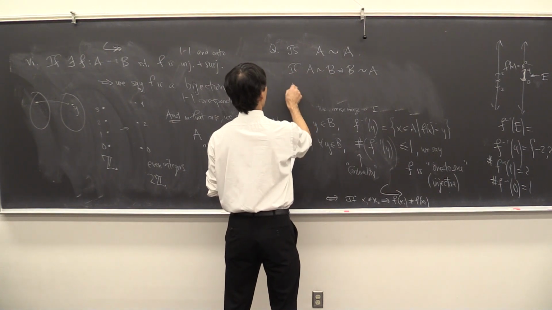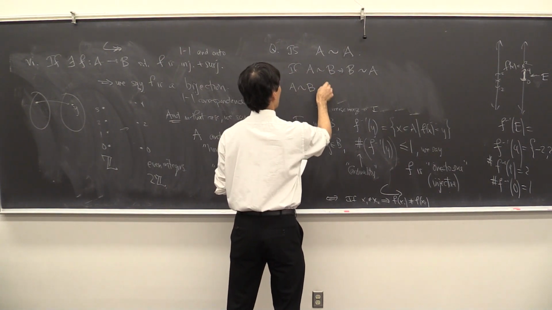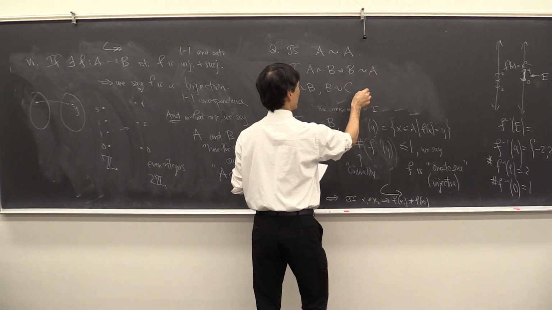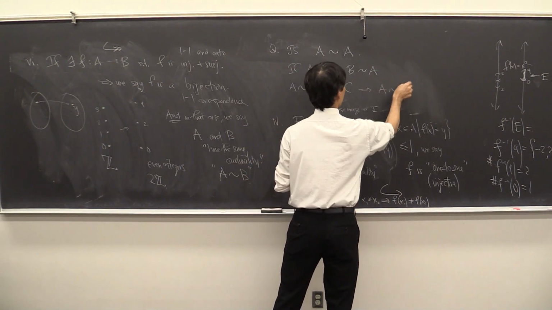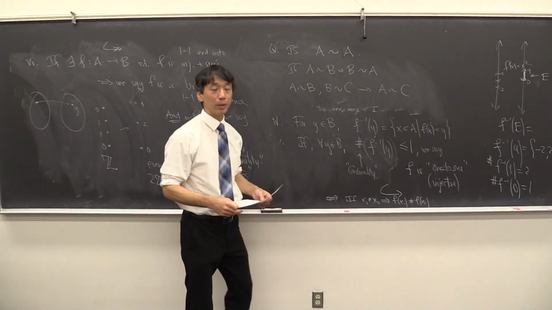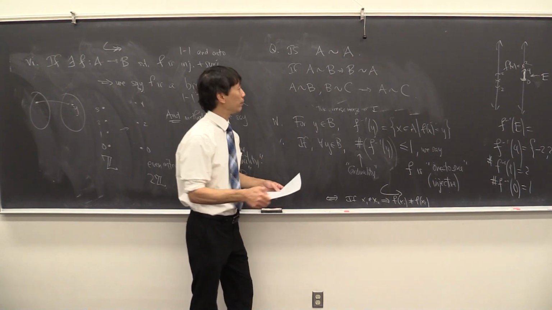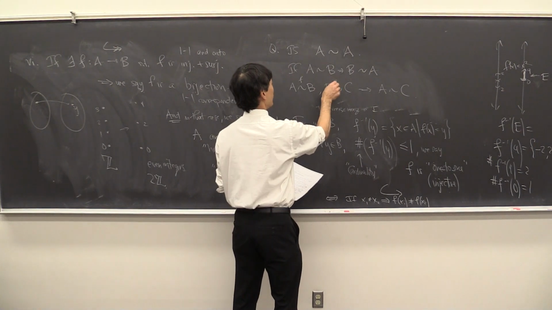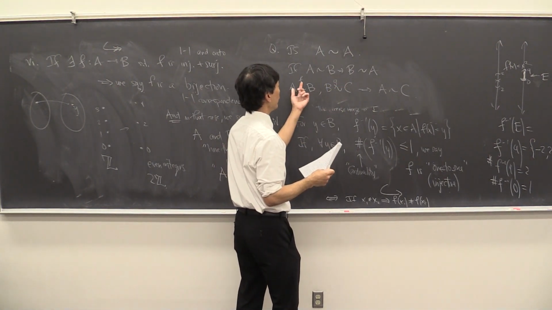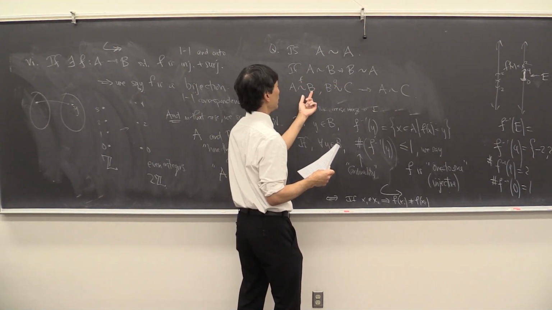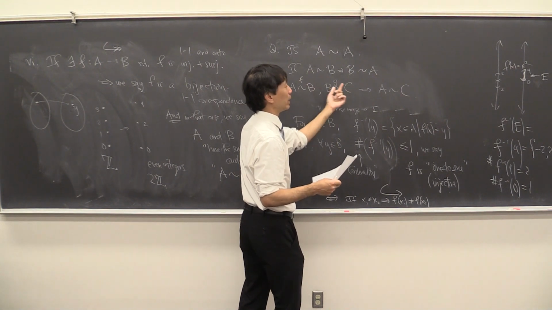Okay. Next, if A and B have the same cardinality and B and C have the same cardinality, do A and C have the same cardinality? Sure, right? Because you've got a one-to-one onto map from here to here, and another one-to-one onto map from here to here.